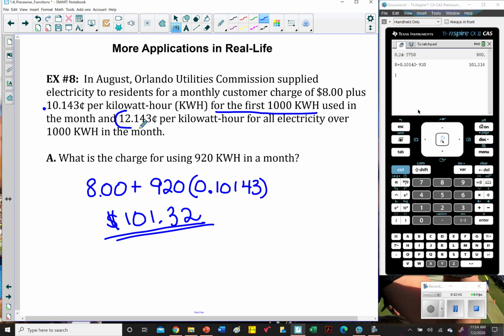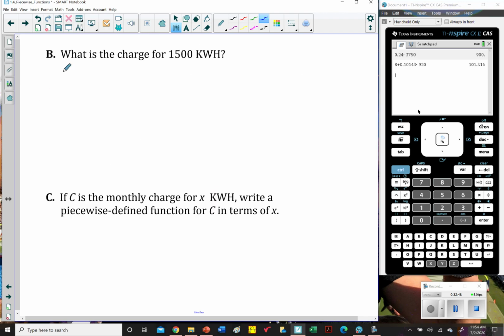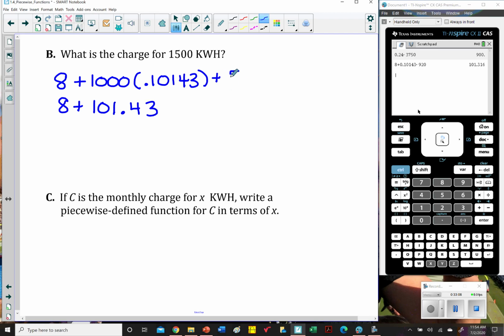Okay, what's that charge? And what would be the charge for 1,500 kilowatt hours? So you see the next rate up is 12.143 cents on part B. So we're going to pay $8 for initial. And for the first 1,000 kilowatt hours, we're paying the 10 cents for 1,000, which is going to give us 8 plus 101.43. And then we got 500 extra kilowatt hours for the 12 cents for that.